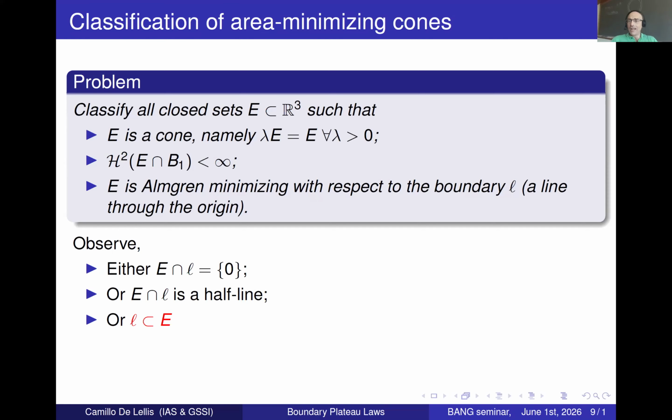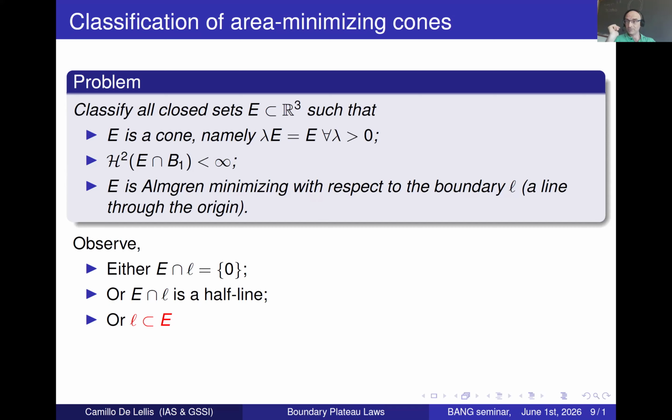Now, intersecting in a full line seems to be the most obvious assumption that you want to throw in, because it essentially means that your object, or your soap film, is really attaching to the wire. But when you run experiments, it's not that obvious that it always happens. Actually, sometimes it does happen. And so it's interesting to study also the other cases, where the film, for some reason, ignores a portion of the boundary.